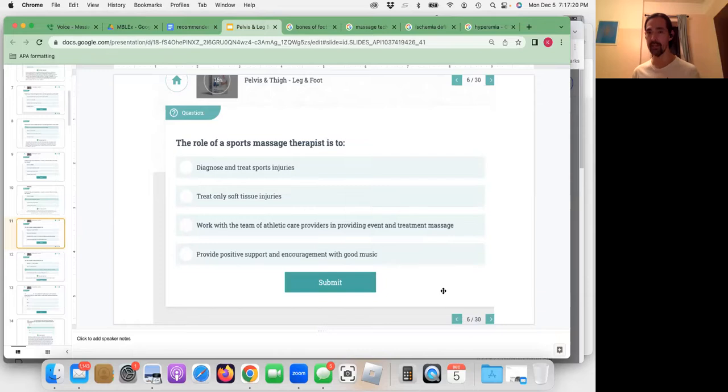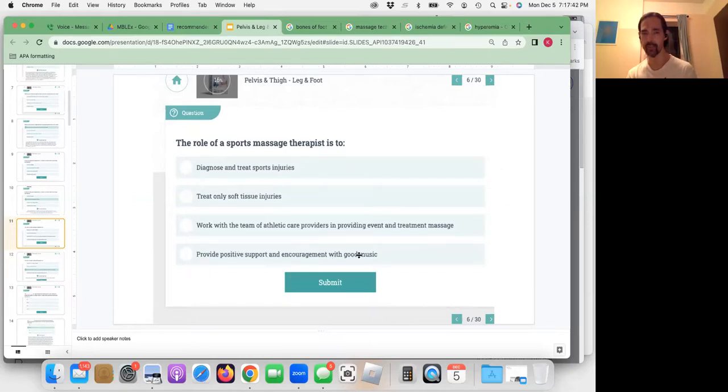So anyhow, diagnosis, yeah, we're not allowed to diagnose, but we are allowed to treat sports injuries, right? And then treating only soft tissue injuries, a lot of things happen to athletes. You know, they have nerve tears, they have bone level injuries.